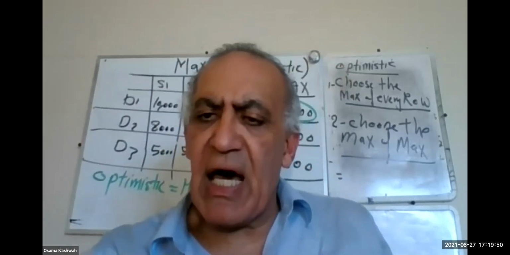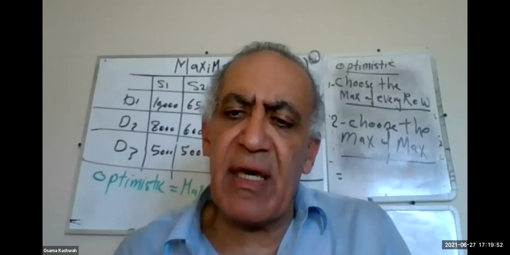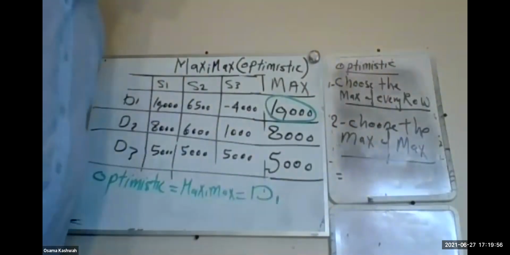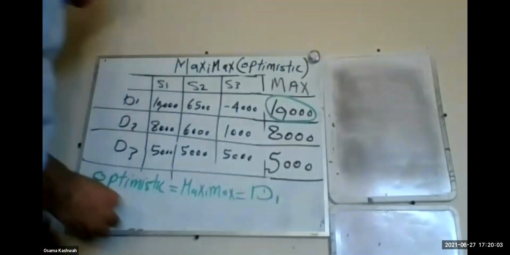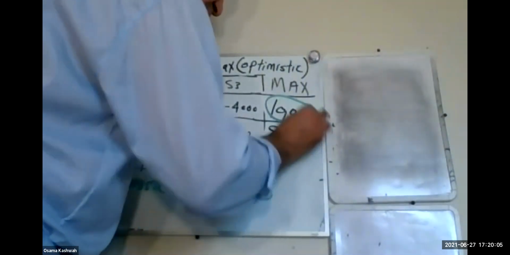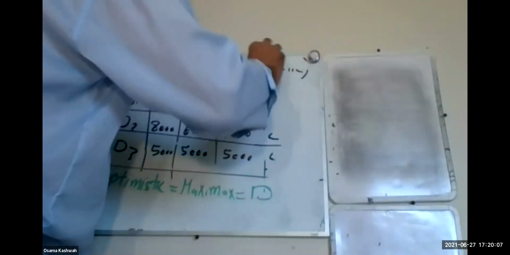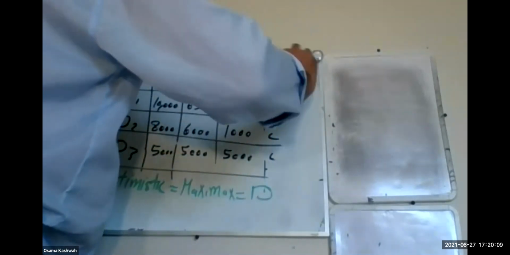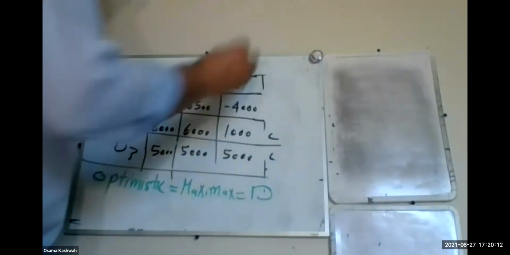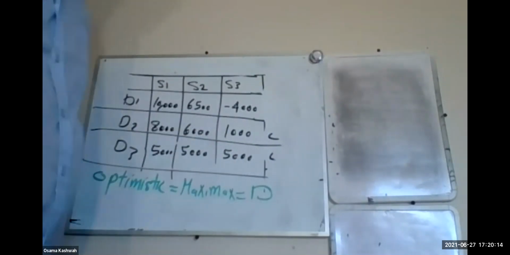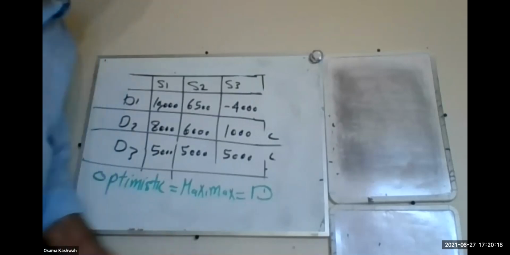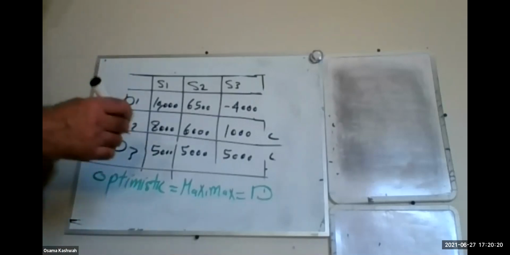Let us see how I will deal with the pessimistic situation, or maxmin. We call it maxmin. How will we do that? It's very easy. The former one was max, and we call it optimistic because you are feeling like everything will be nice. But now you are feeling everything will be bad.